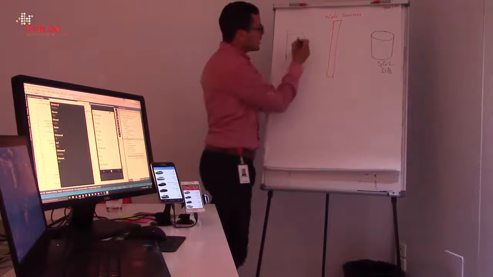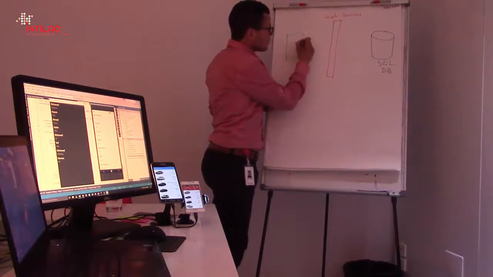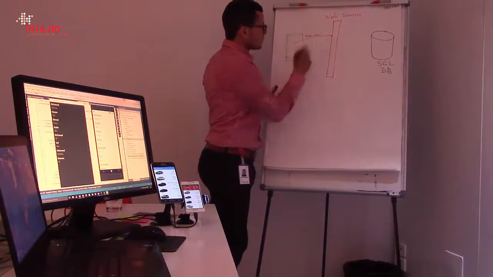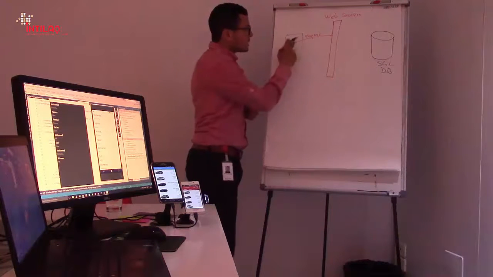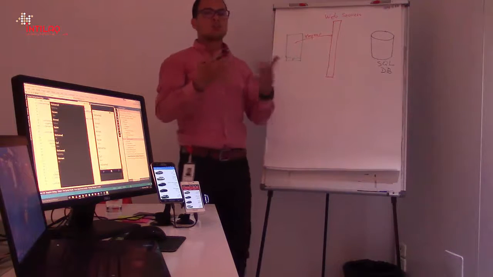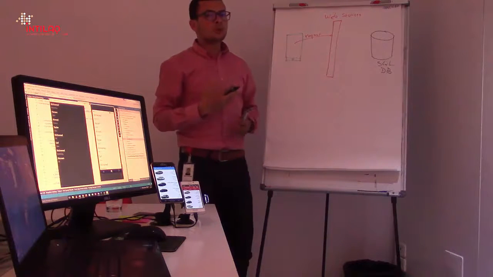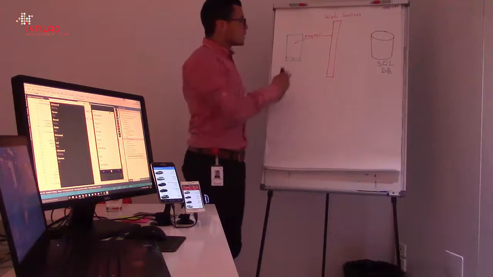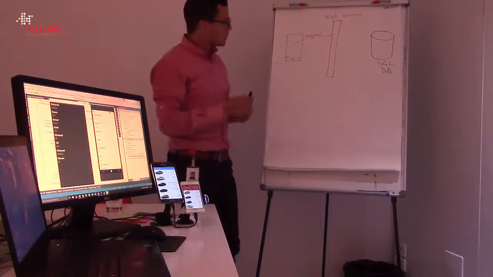The web services will get the request from the mobile device. We'll understand that request, so the mobile device will say, for example, I want to get the list of the employees. These web services have a list of services, so it contains lots of services.